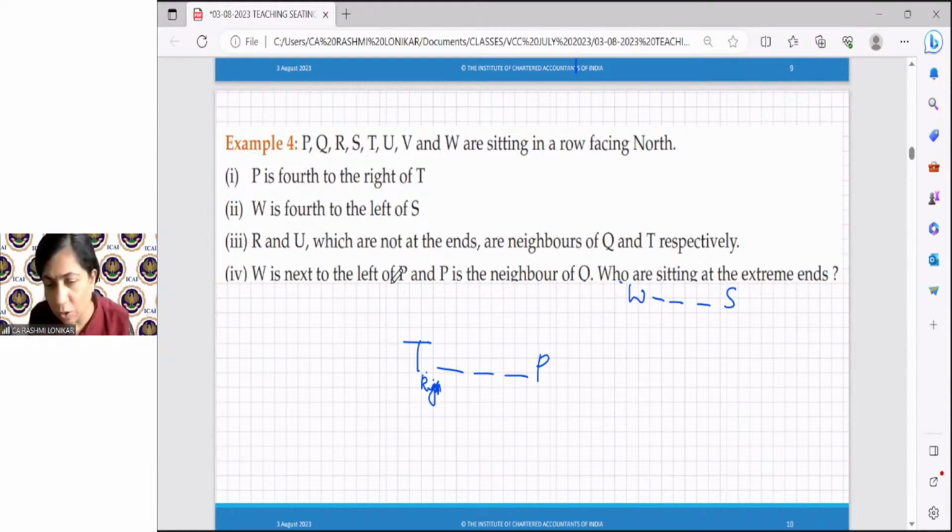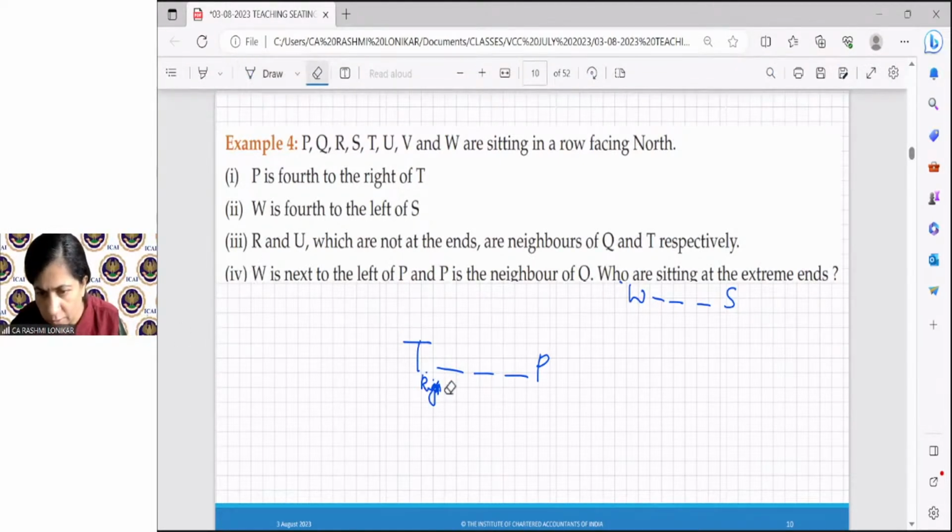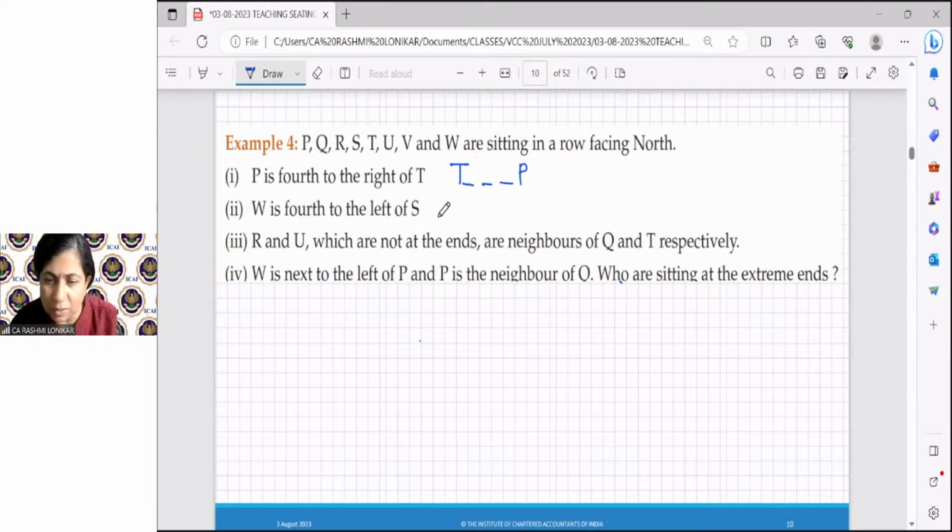From point 1, I've got this. Point 2, I've got this. Or if you want, I can even write it like this. Especially for this sum, it is possible. What is this saying? P is 4 to the right of T. T 1, 2, 3, P. What is the second point saying? S 1, 2, 3, W.